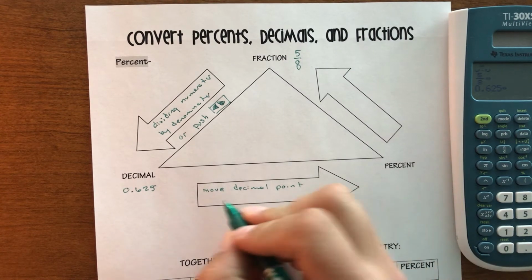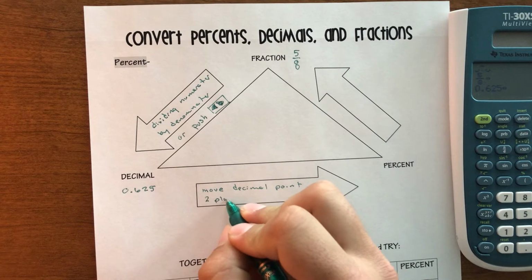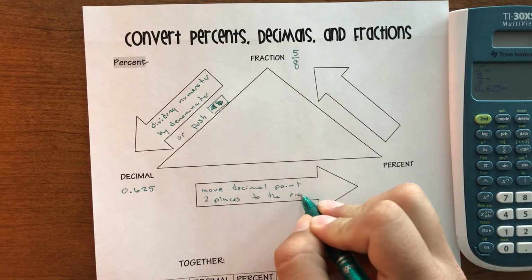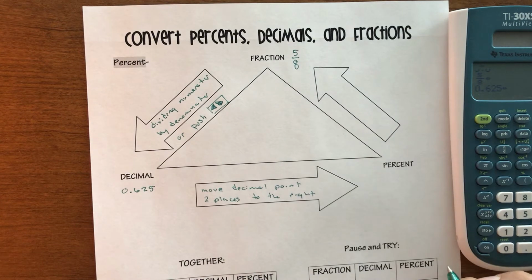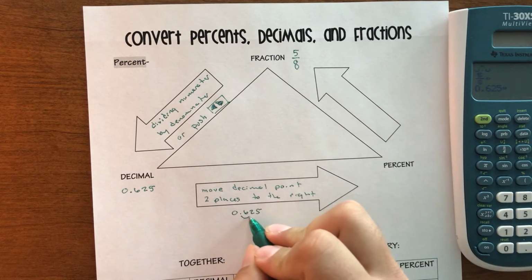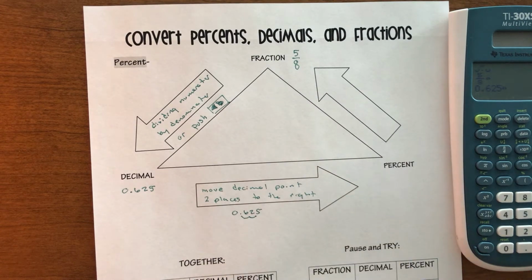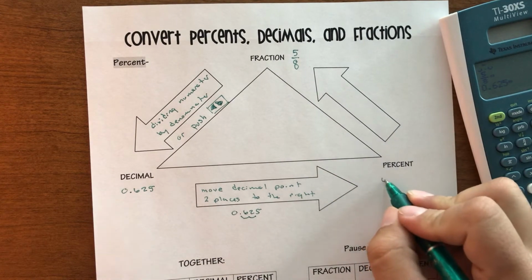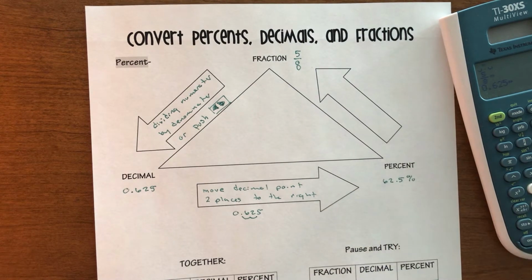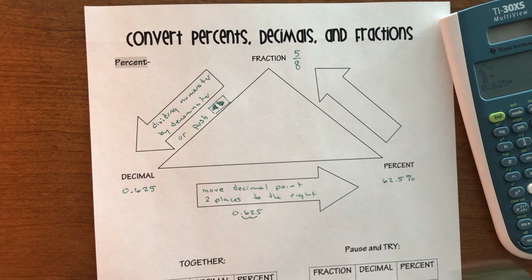So I have to move the decimal point 2 places to the right. So my 0.625, I move this 2 places, and I end up between the 2 and the 5. So that becomes 62.5%.